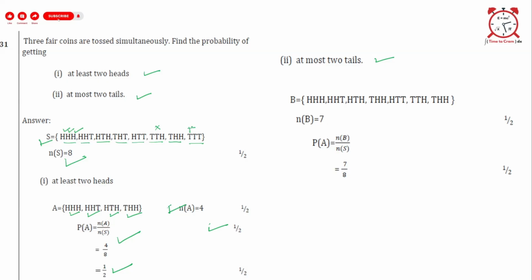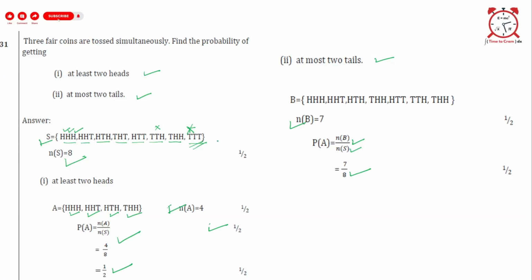So this result, triple T, is not applicable here. The favorable outcomes are 7, except this result. Keeping the values in the formula, the total number is 8, so the answer is 7 by 8. This is a very easy sum from the lesson probability. So pause the video, practice it, and then go ahead.